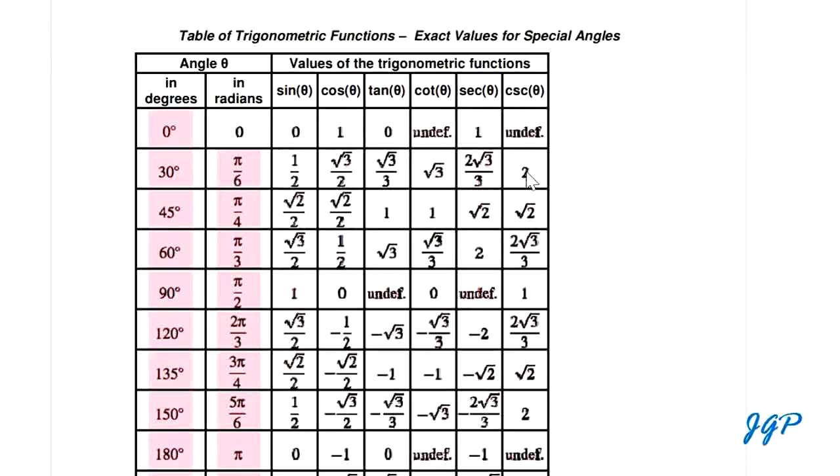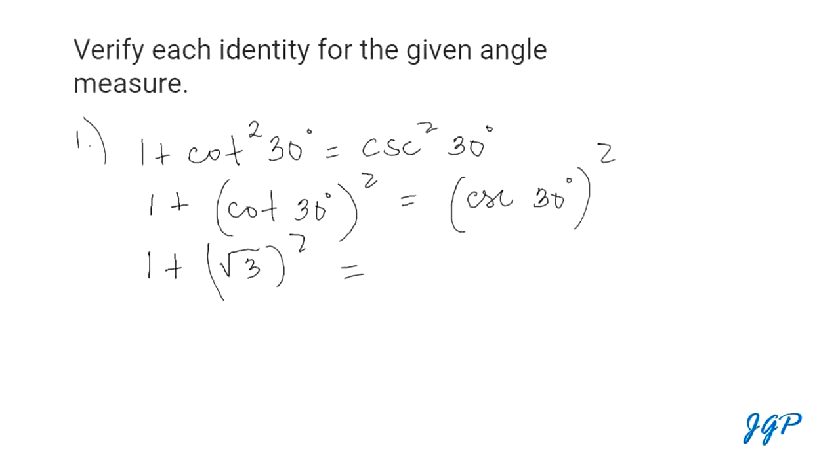Cosecant and 30 degrees, the value is 2. And then, syempre, naka-square din siya. Let's simplify. So, 1 plus the square root of 3 squared is equal to 3. Equals 2 squared, we have 4. 1 plus 3, we have 4, is equal to 4. We have now a true statement.